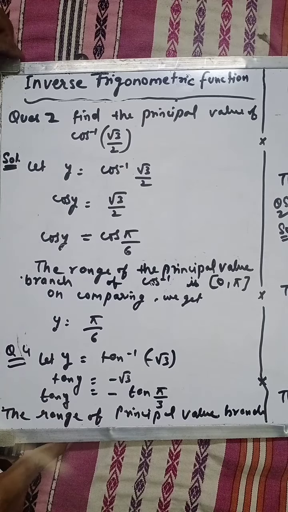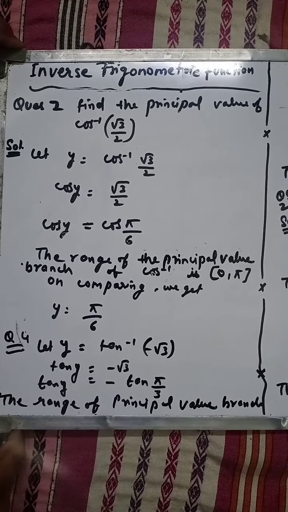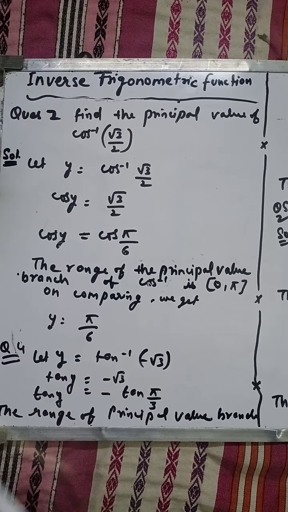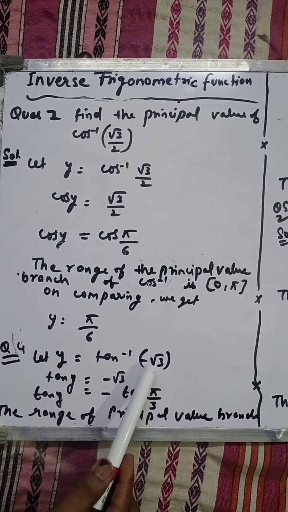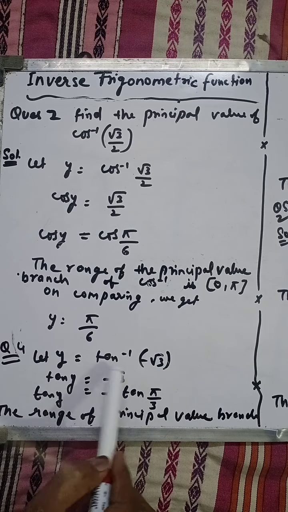So here is question number 4. Tan inverse minus root 3. We have to find out the principal value of this function. So I'm assuming that y equals to this.